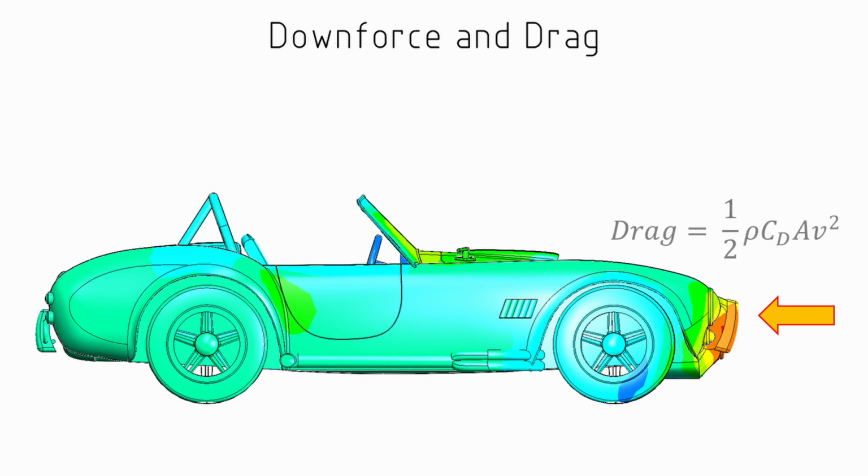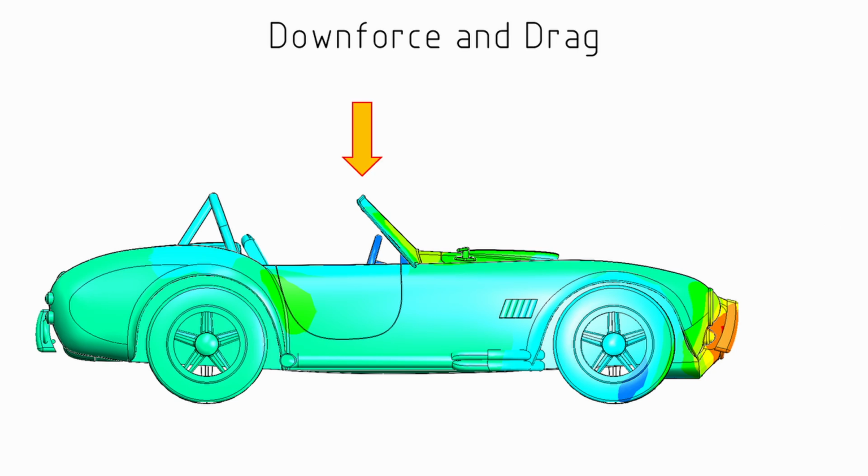The equation for drag is a half rho, where rho is the air density. At normal sea level, that would be 1.22 kilograms per meter cubed, times the coefficient of drag, times a reference frontal area, times the velocity squared.